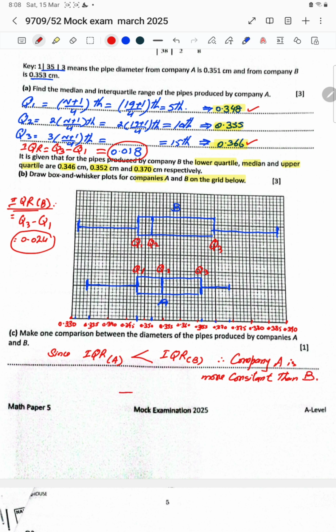You can write many more. There are other approaches as well. So most probably it is because of the consistency, we can say this. Okay, fine. Let's go to the next question.